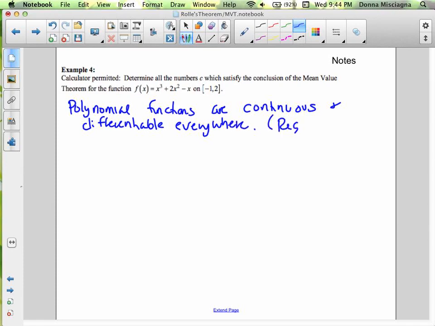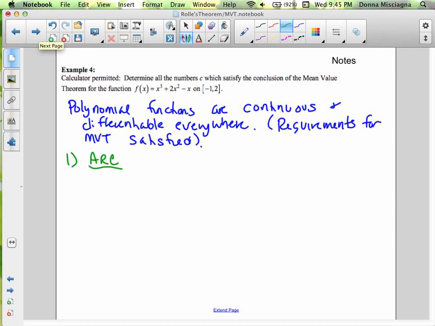Right, so requirements for mean value theorem satisfied. Right, so let's find, so we have to find the average rate of change.